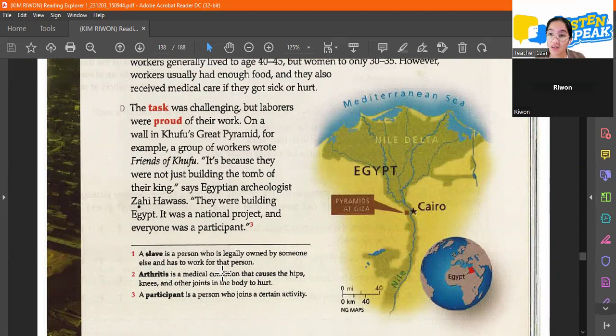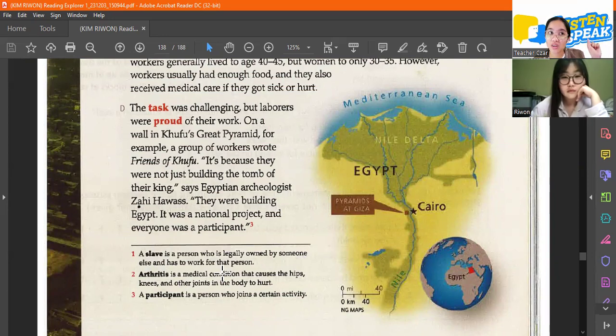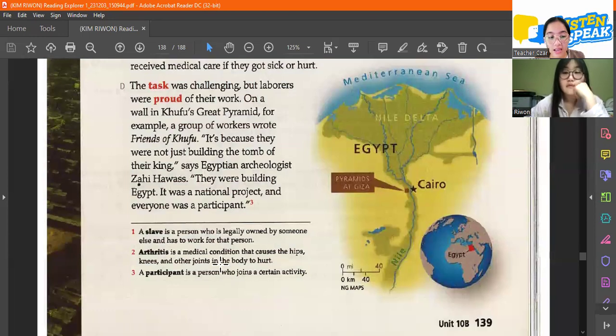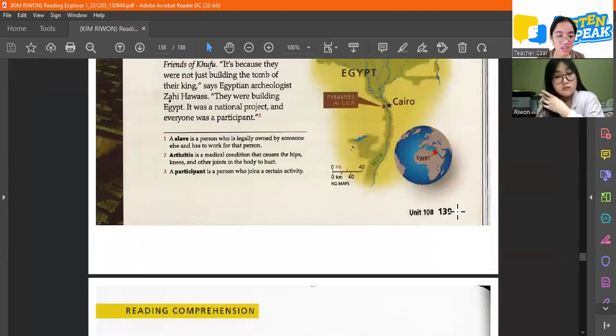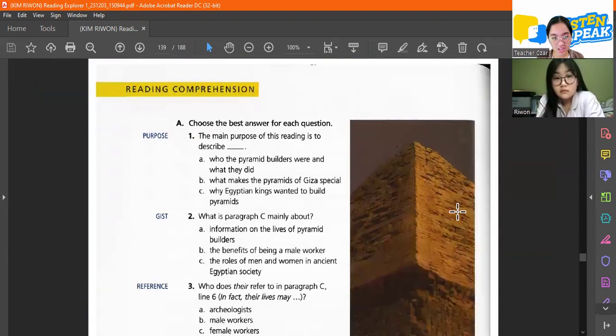So when you have arthritis, you can feel irritation, you can feel that it really hurts. Okay. Next one, participant, a person who joins certain activities. So now, if we don't have any questions, let's try the reading comprehension.